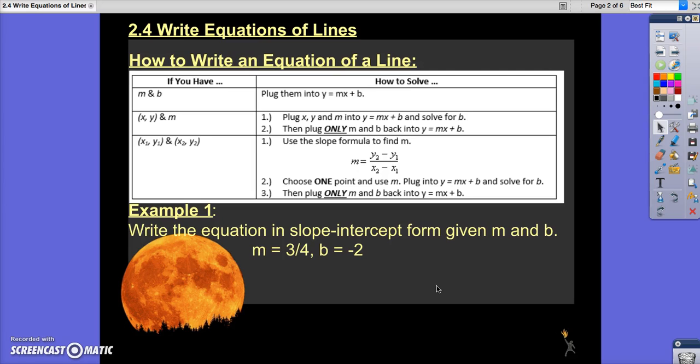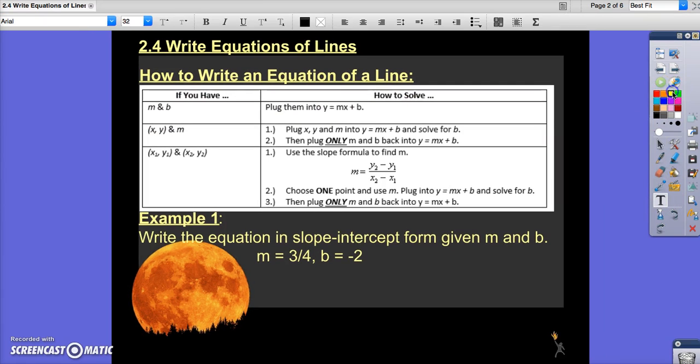Example 1, it says, write the equation in slope-intercept form given m and b. If you have m and b, it's going to follow this one. So my step is, there's only one step, plug them into y equals mx plus b.